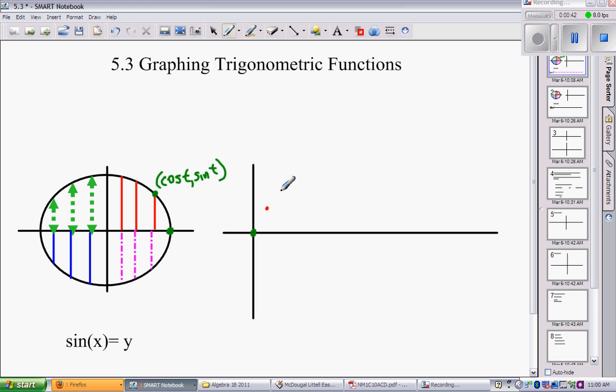Gets a little bit bigger. We're on this one. This one here, a little bit bigger, till we hit 0, 1. Then it starts going smaller, but still positive.